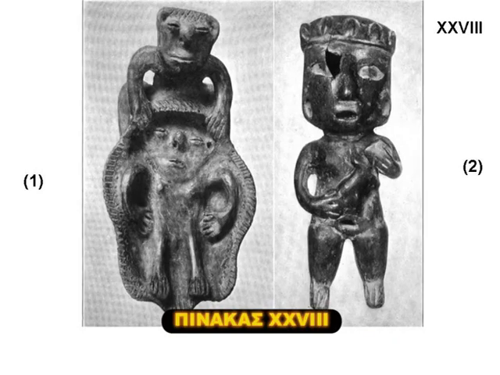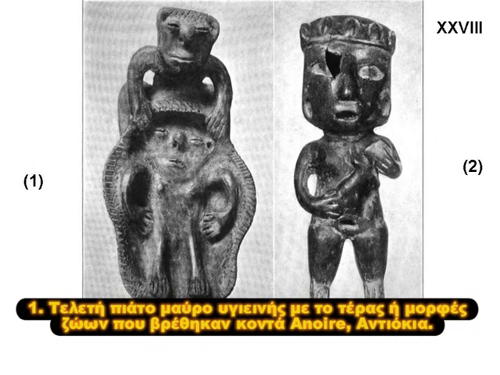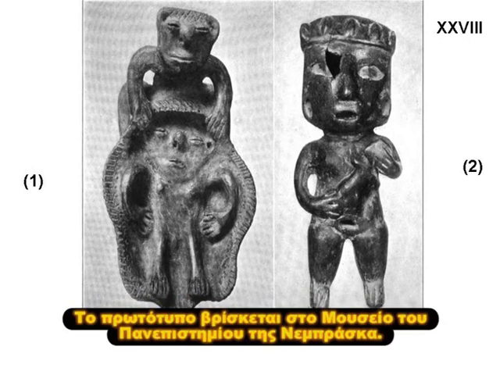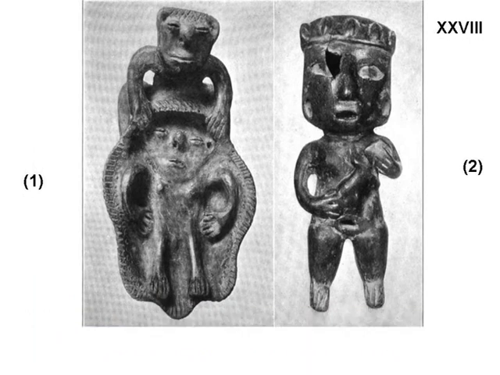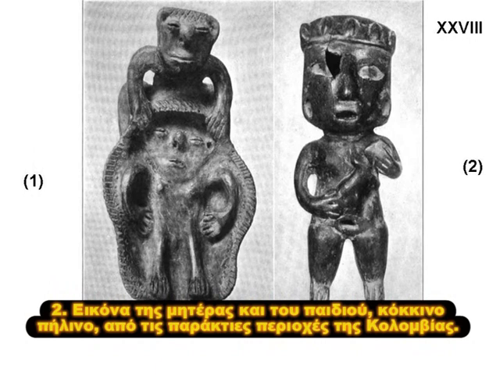Plate 28. 1. Ceremonial dish of blackware with monster or animal forms found near Anoia, Antioquia. The original is in the Museum of the University of Nebraska. 2. Image of mother and child, red earthenware, from the coastal regions of Colombia.